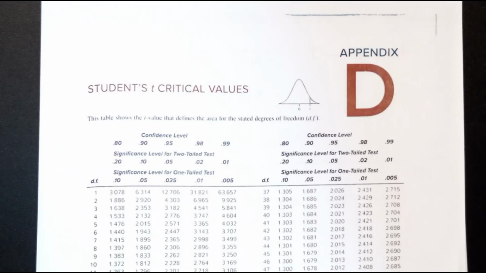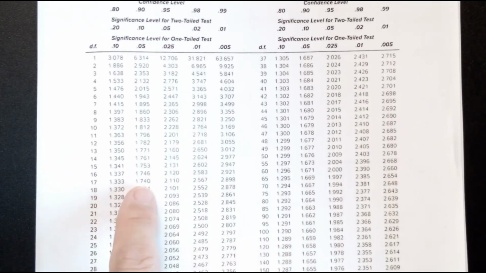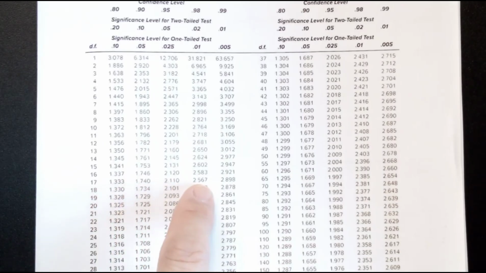But if I consider you a sample of the statistics students I will teach, then my degrees of freedom is 17. And if I want to be 80% confident of my answer, or 90% confident, or 95, or 98, or 99, I can use this set of information to find them.